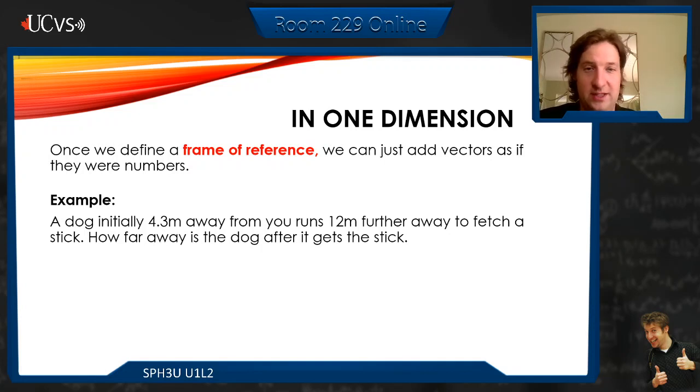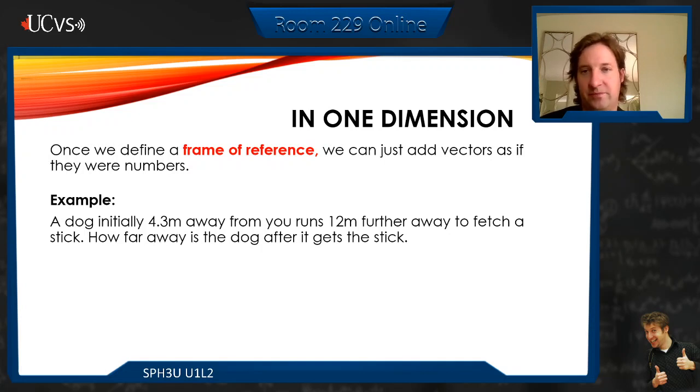We can treat these things just like numbers and we can add them. We have to be a little bit careful: are we adding or subtracting, is it a positive or a negative number? But really, adding vectors in one dimension, left, right, up, down, north, south, east, west, is pretty straightforward. So let's try an example here.